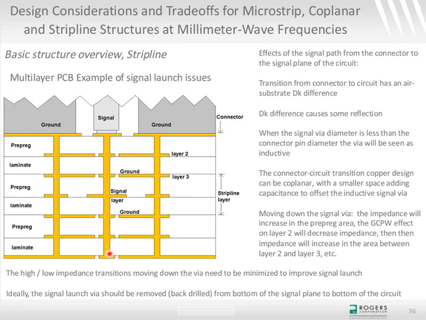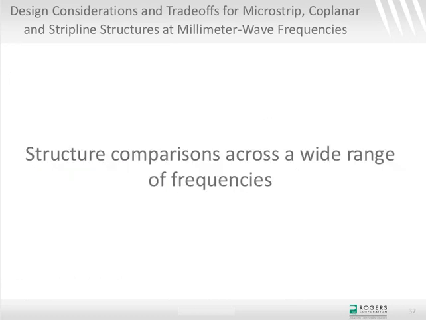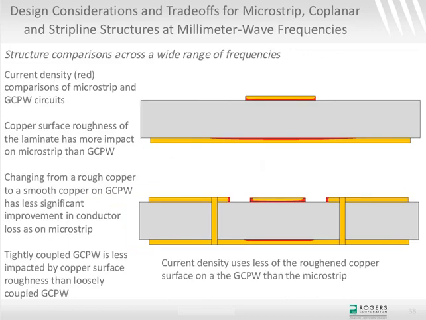So a lot of times the fabricator would drill that out with a controlled depth process, and they call it back drilling. Generally at low frequencies, that's really not necessary, not that big a deal. At higher frequencies, where this starts to radiate and cause other problems, that can be very beneficial. So let's now talk about some structure comparisons.